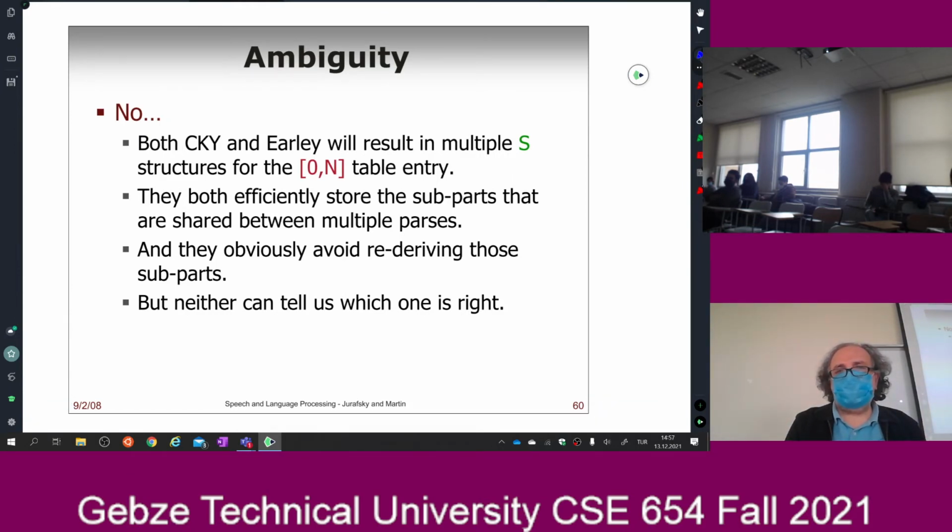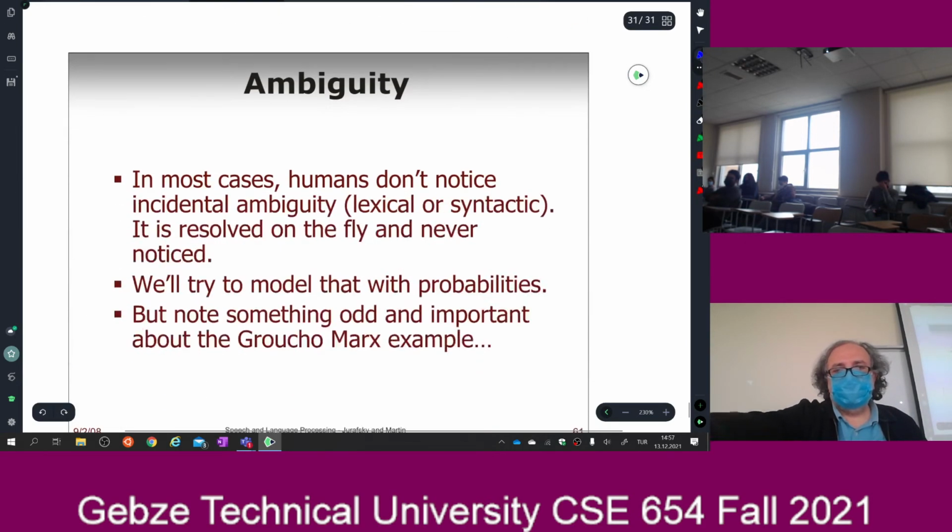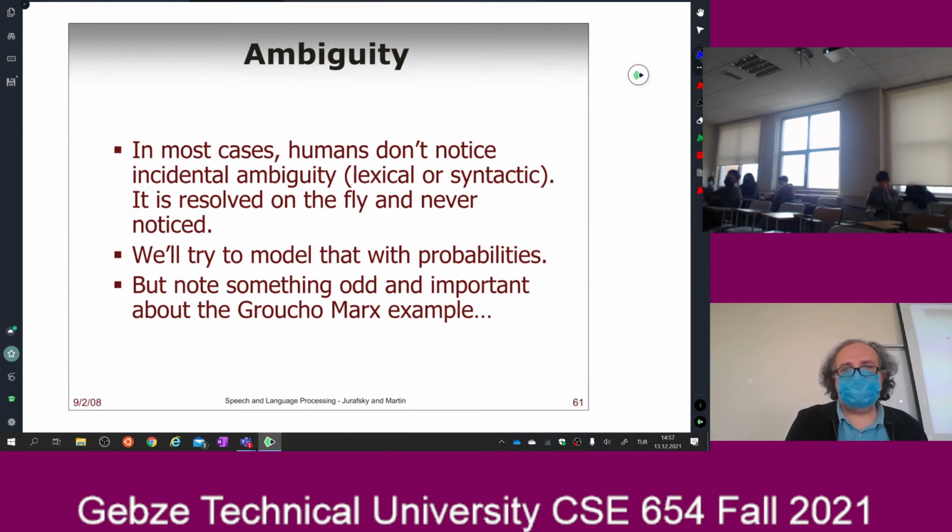They have multiple structures in the last table entry, either in the corner or in the last one. Almost all the sentences that we have are ambiguous, most of them.